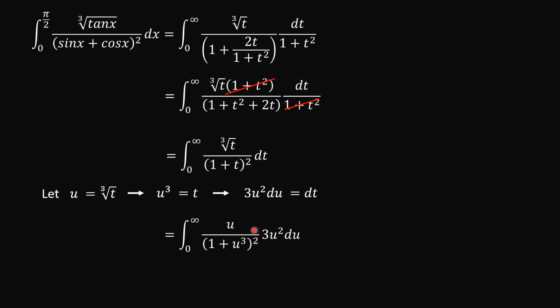And so the numerator would be u, and in the denominator where we had t, we would have u cubed, and the square there remains. And then for dt we substitute 3u squared du. And so the integral now becomes 3u cubed over 1 plus u cubed squared.